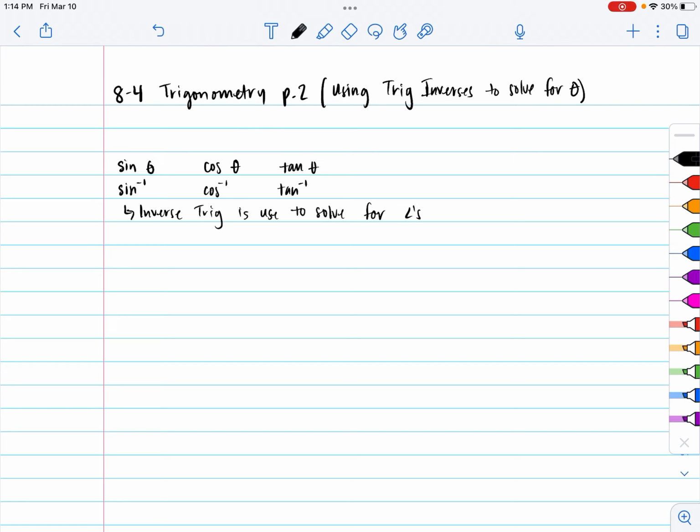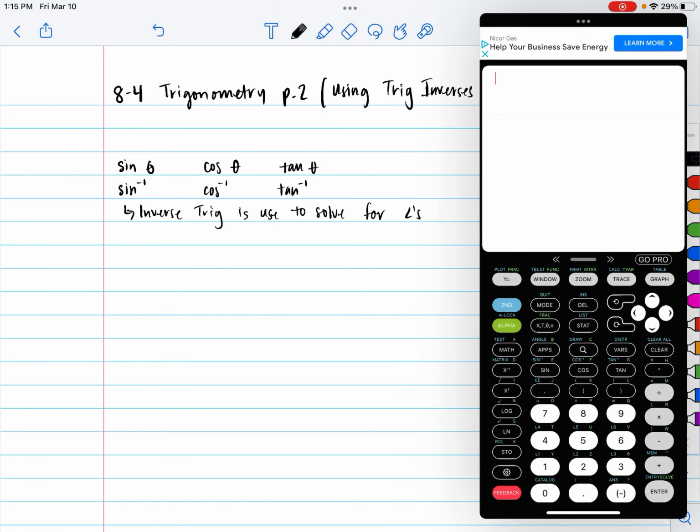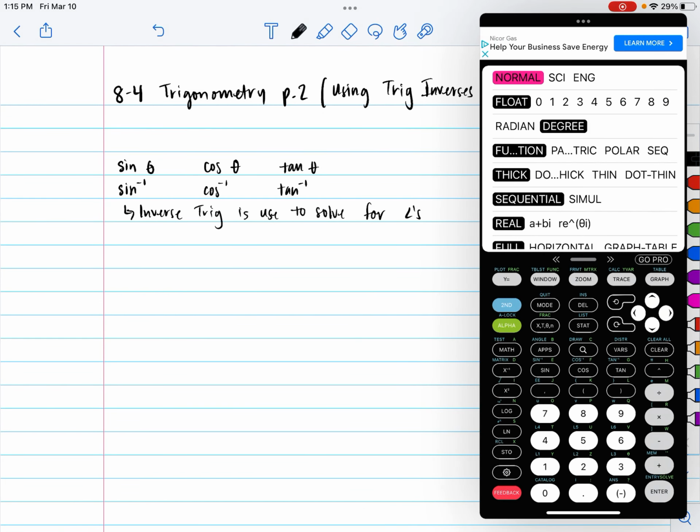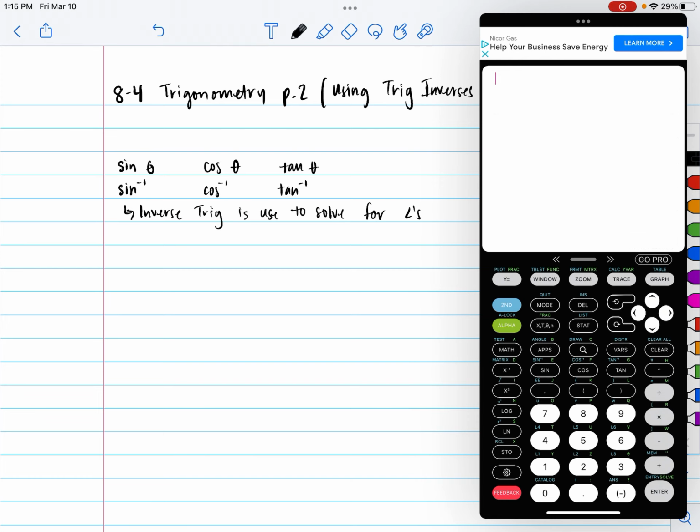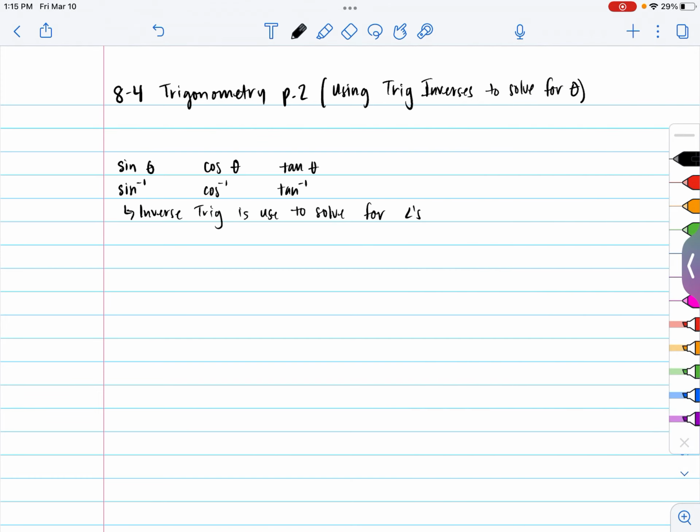Versus regular trig is used to solve for sides. So that's why it's part 1, part 2. Okay? So anytime we have to use inverse trig, we're working with an actual angle measure. Also, it's worth noting, make sure your mode is in degrees, just so we don't accidentally end up with an answer that's supposed to be in degrees, but it's in radians.